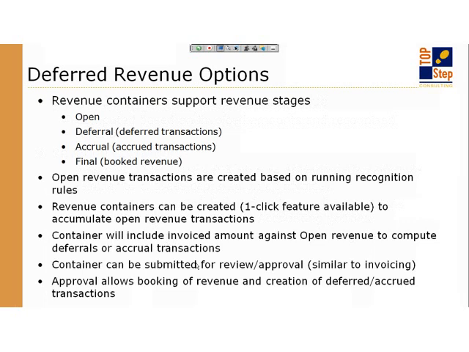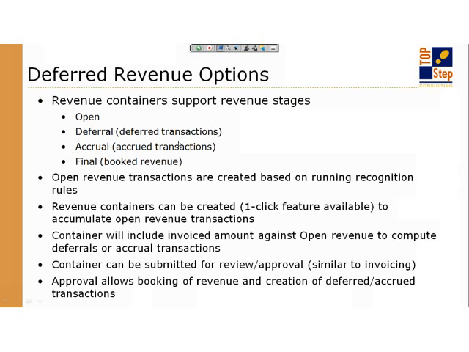Then you can create a revenue container, and it'll grab all the revenue that's currently available to put into the container. So anything that's a recognition transaction that's created, it'll grab on the container. Then you can submit the container for review and approval. And once it's approved, it will go through and generate whatever it thinks the deferred transaction and accrued transaction is based on displaying it in the container.